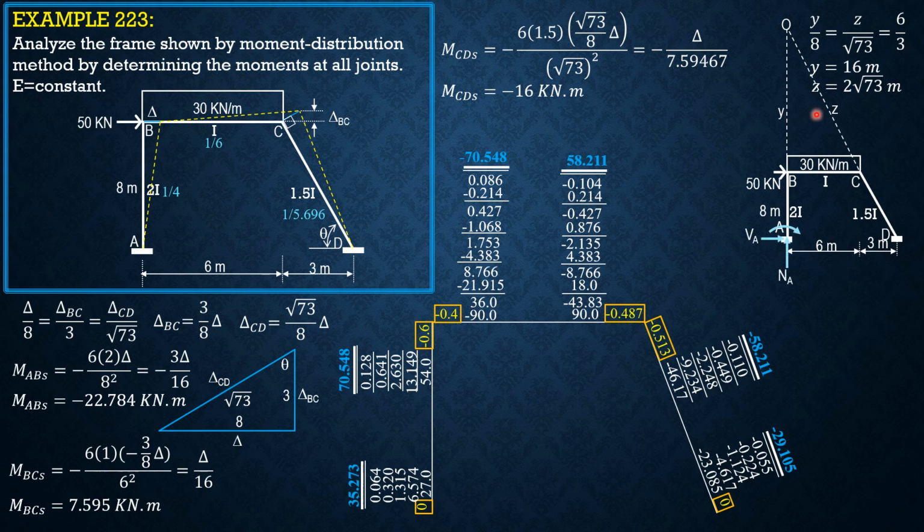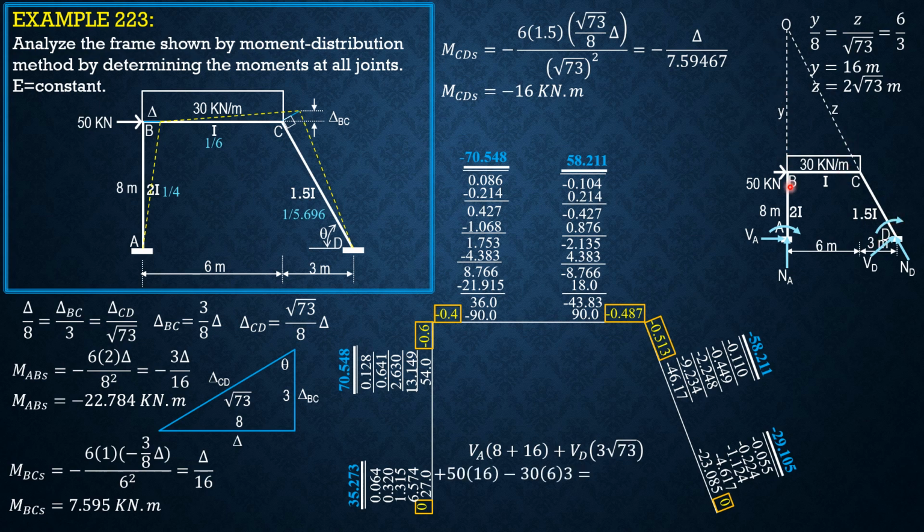So y as to 8 equals z as to square root of 73, the hypotenuse, equals 6 meters. This is 6 meters as to adjacent to theta is 3. So we apply similar triangles. Because this is also theta, the angle here is theta.